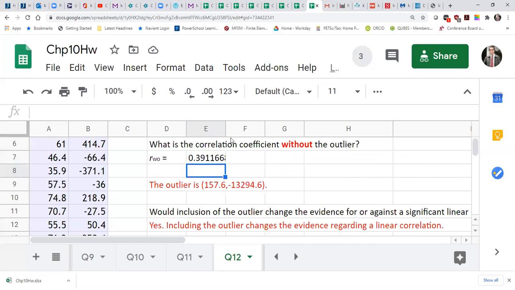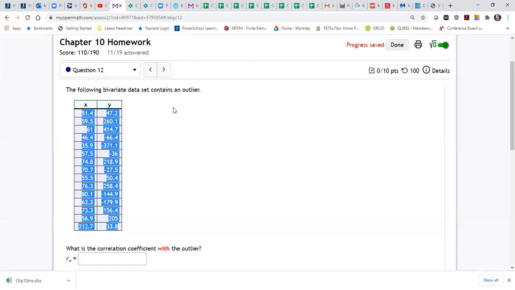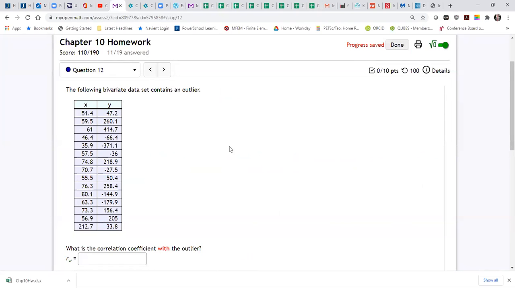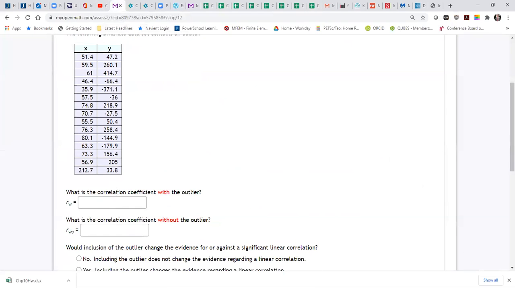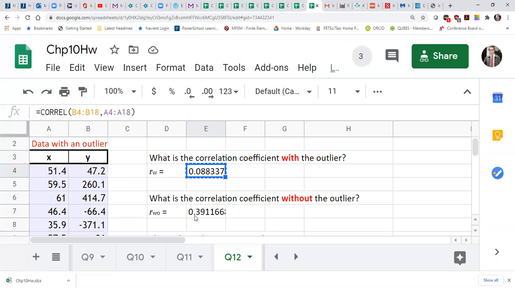So the conclusion here will be what? Let's see. I think you need to put the number first. So put the one with the outlier here, and the one with the outlier is shown here, right? And this one is without outlier.